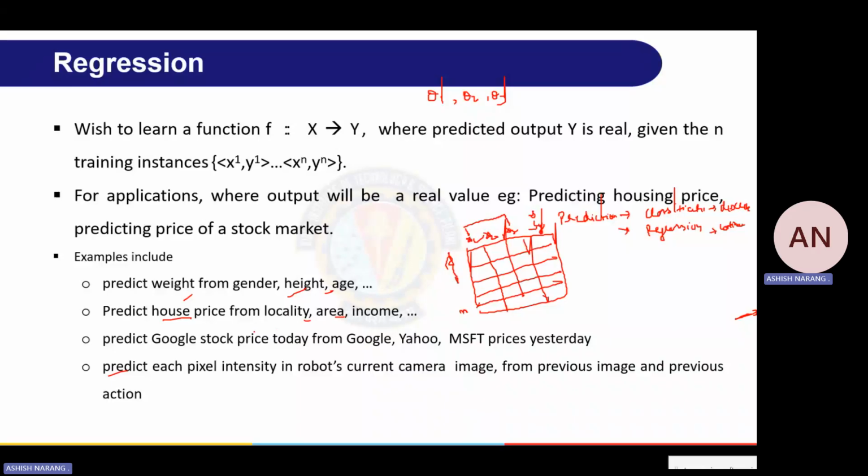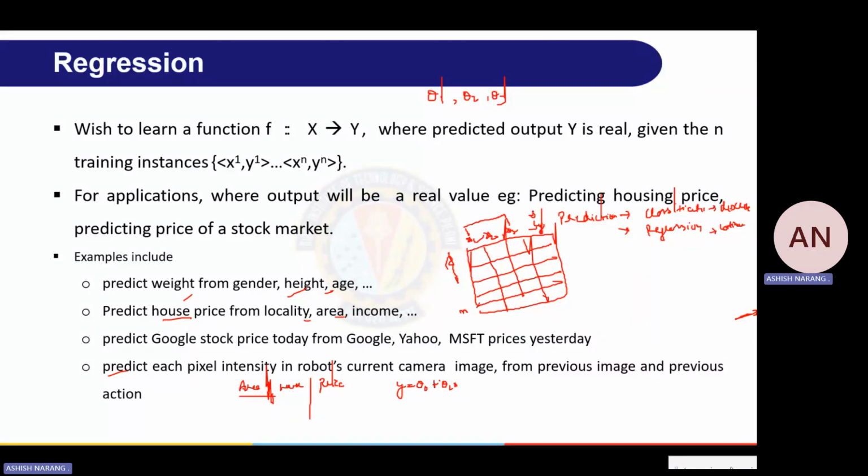Now, the regression equation could be as simple as this: if I'm only considering the area of the house as input, there is only one input feature and price is the output. So the equation could be very simple, theta 0 plus theta 1x. This is the simple linear regression equation.